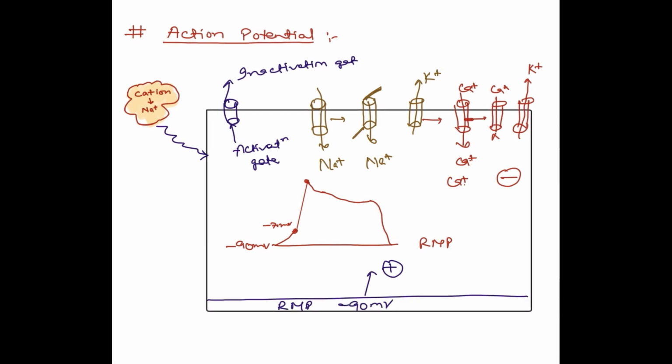When the cation comes, the resting membrane potential moves to minus 70 millivolt. This minus 70 millivolt potential is called the threshold potential. This one is the depolarization phase.